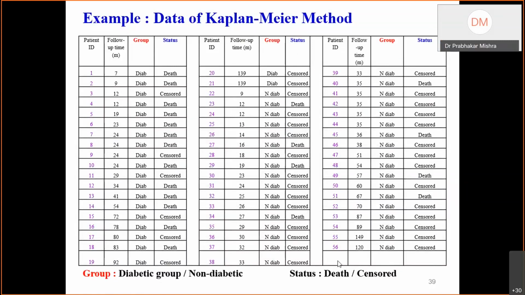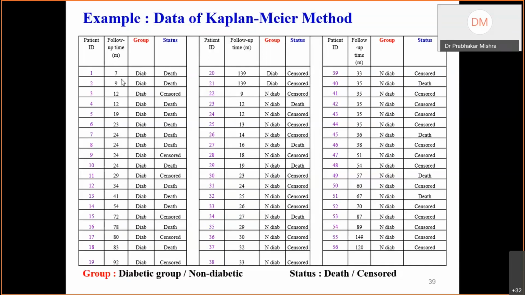I have presented here data of 56 patients. The follow-up time of those patients is given, and whether they are diabetic or non-diabetic is also given, and another column is the status, meaning death or censored. Either the patient died, and if died, what was the follow-up time until death, or what was the follow-up time after which the patient was censored.